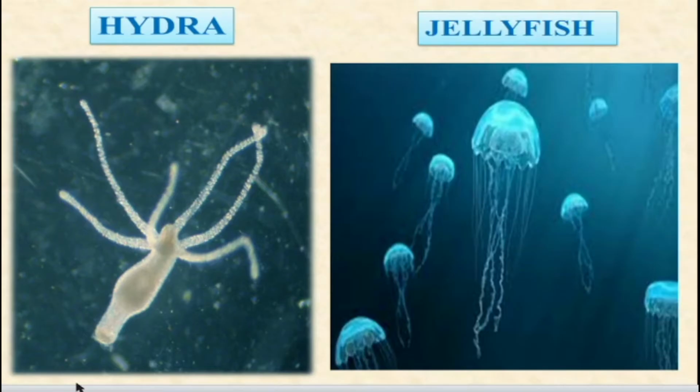Some of the species of Coelenterata: the first one, hydra, and the second one, jellyfish. In both, we can easily observe the nervous system, the nerve cells.